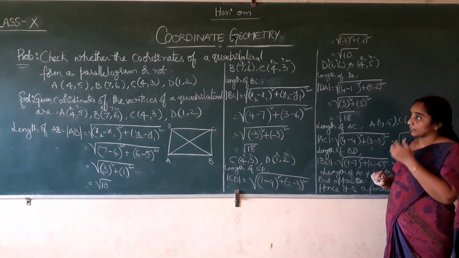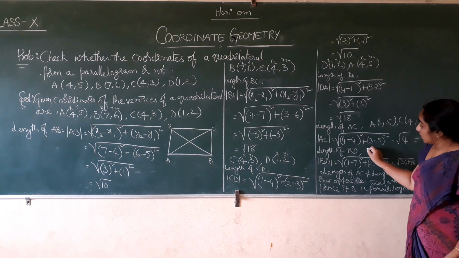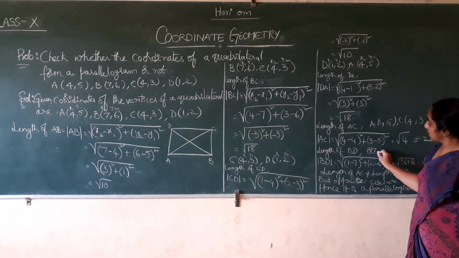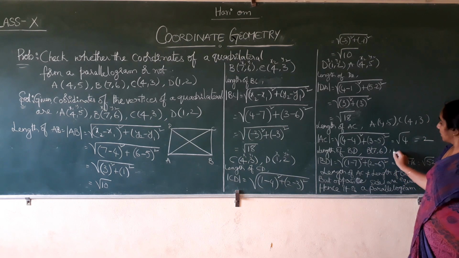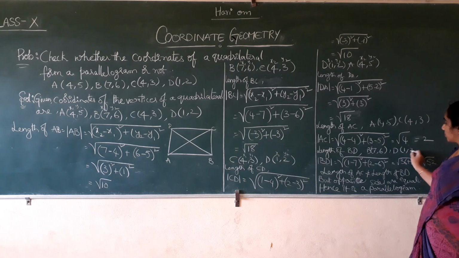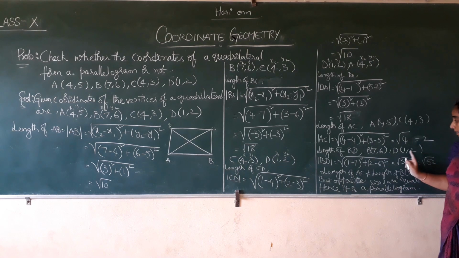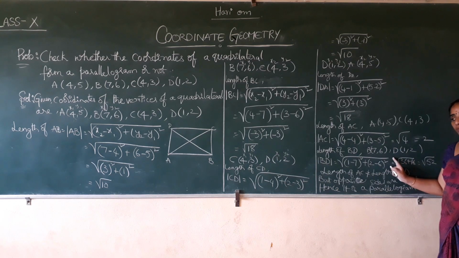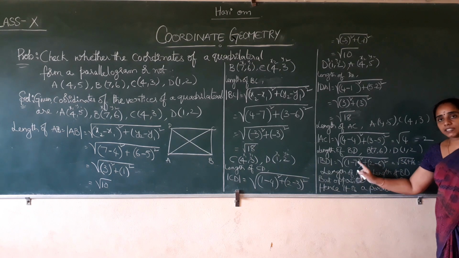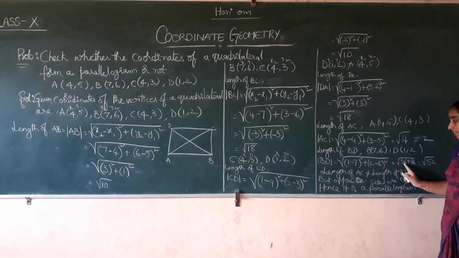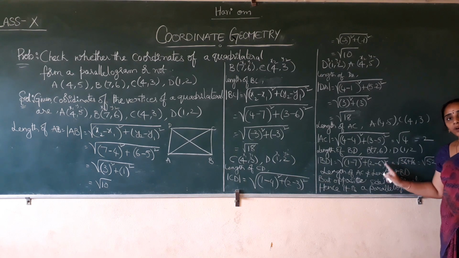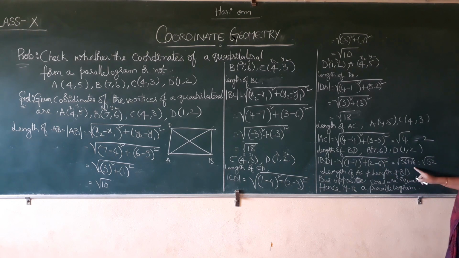Length of BD: B is (7, 6), D is (1, 2). 1 minus 7 whole square plus 2 minus 6 whole square, it is minus 6 whole square 36, minus 4 whole square 16, root 52.